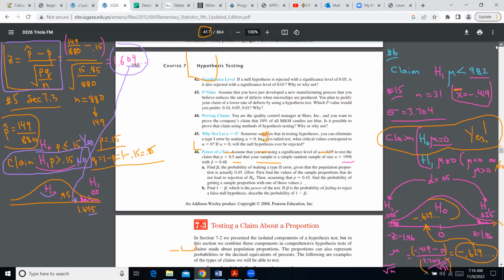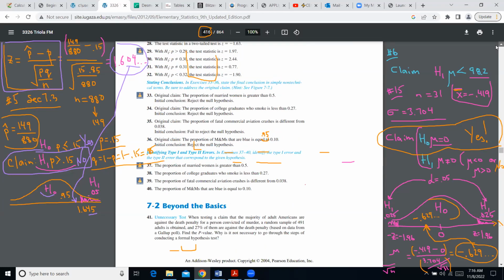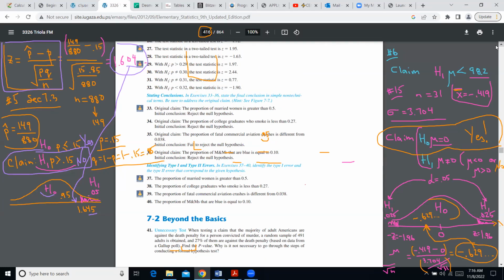So section 7.2, I disregarded, but not really, because it's all talking about this H1 and H0. So doing problems from section 7.3 and 7.4, we actually did problems from 7.2.